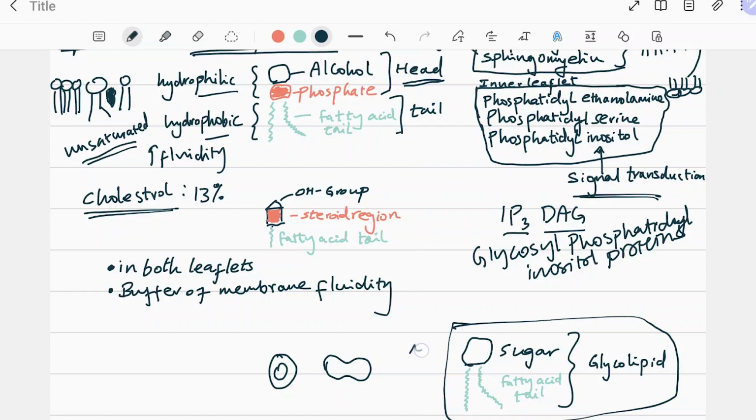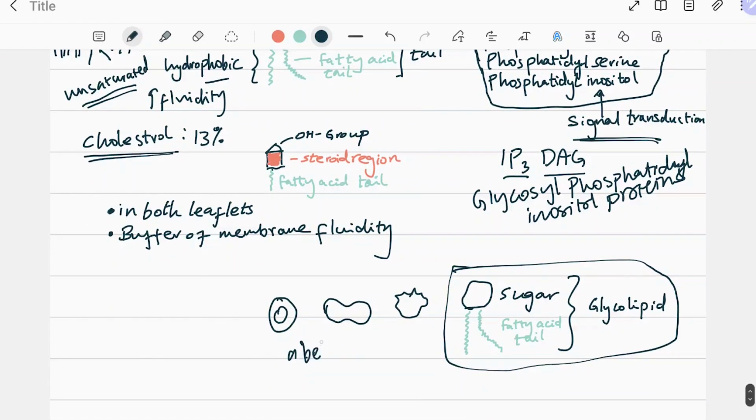They have a funny shape, and this shape is because of increased sphingomyelin content in the outer cell membrane area. It is seen in a condition called abetalipoproteinemia.